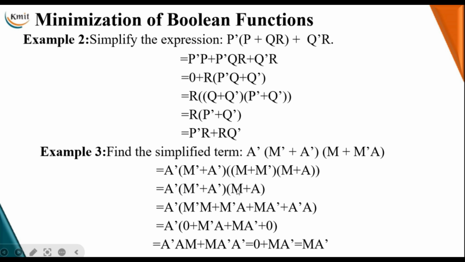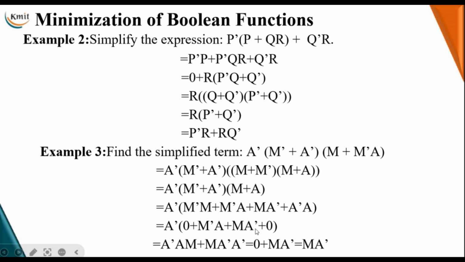So M bar and of M, M bar and of A bar and of M, A bar A. As here we have an AND operation between a variable and its complement, here also M is ANDed with M bar, which are replaced with zeros. Then we obtain here A bar and of A, M bar.